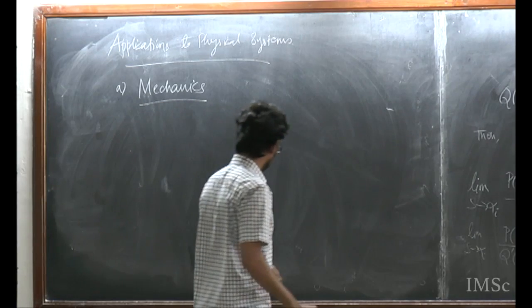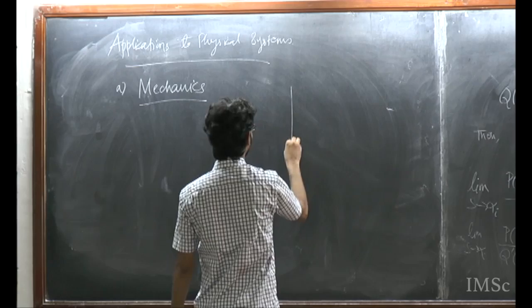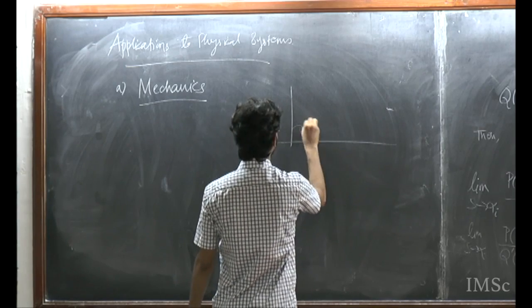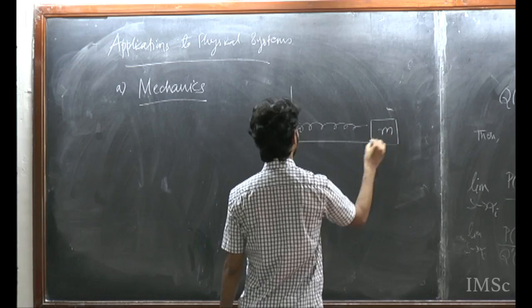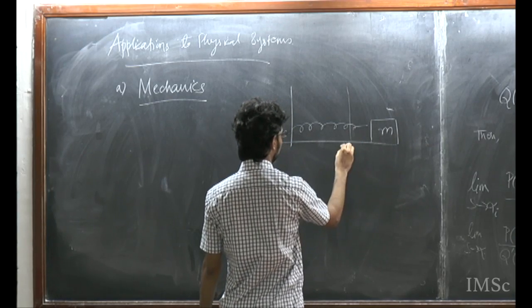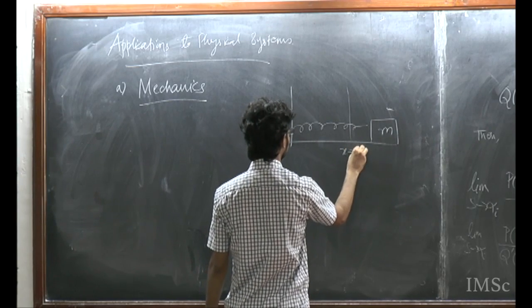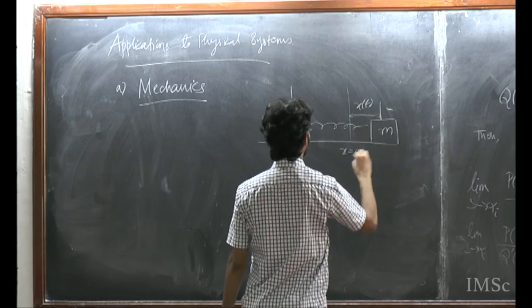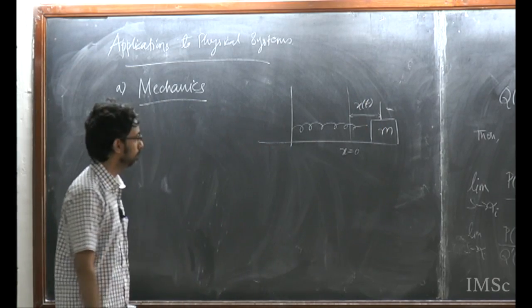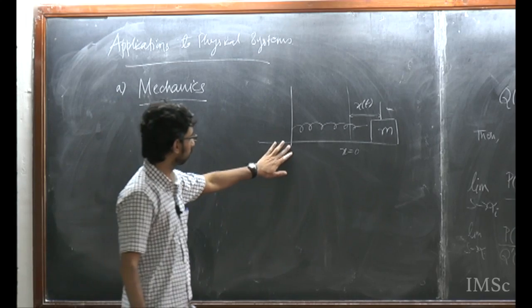So let me go back to the spring problem. You have a mass m connected to a spring, and its displacement is x(t) at time equals t.